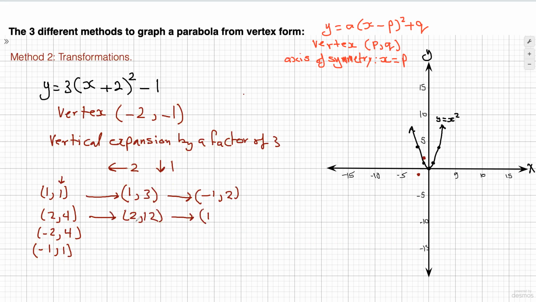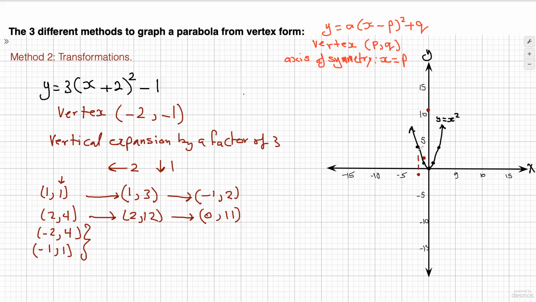And if you move in 2 to the left, you take away 2 from the x value, so that becomes 0. And if you're moving down 1, that becomes 12 minus 1, which is 11. And you know what? Since this is my vertex, you don't even need to do these two here, because let's just plot that 0 and 11. So 0 and 11 right here.